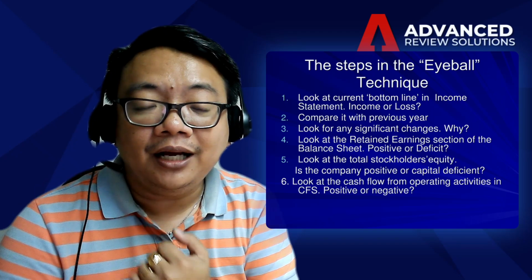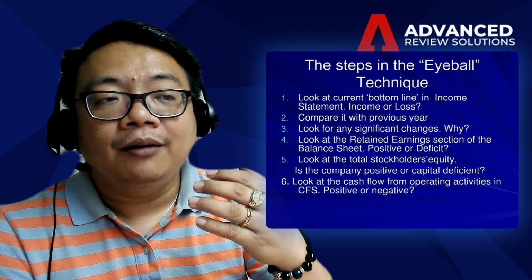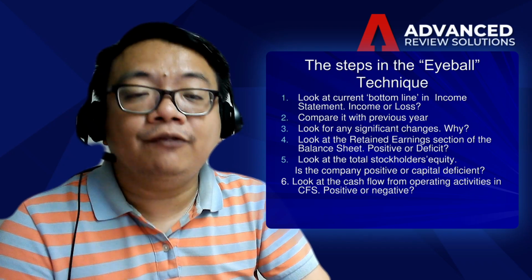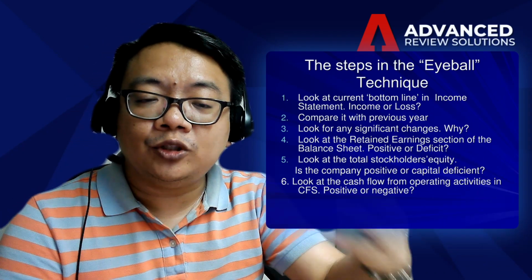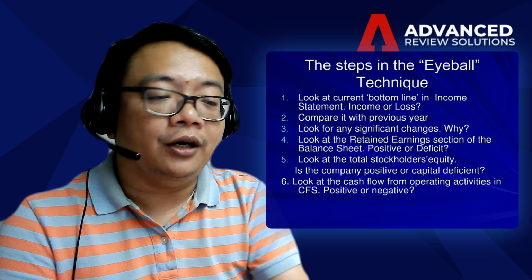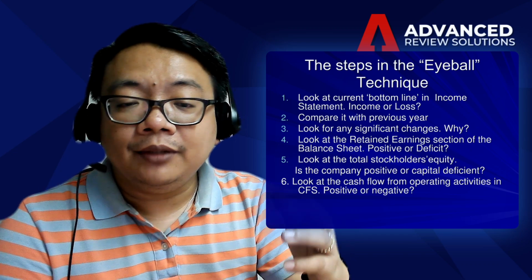Is the increase or decrease of that particular bottom line high or low? And number three, look for any significant changes and why. Did the net income go up because there was expansion? Did the net income go down because of COVID-19 or any pandemic, right? Or any other reasons?